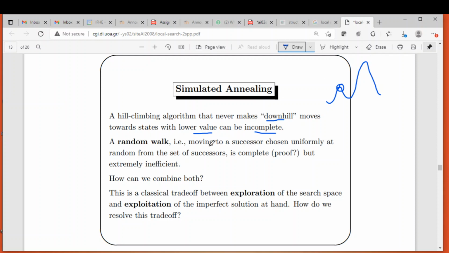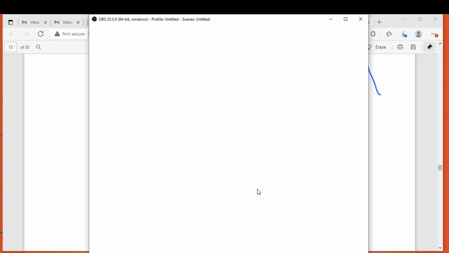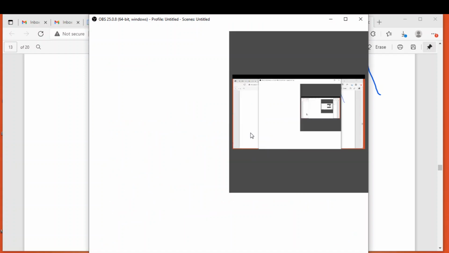A random walk, that is moving to a successor chosen uniformly at random from the set of successors, is complete but extremely inefficient. What we are discussing is that the first case is one extreme, where the algorithm is refusing to make downhill movement, and the other one is the second extreme.